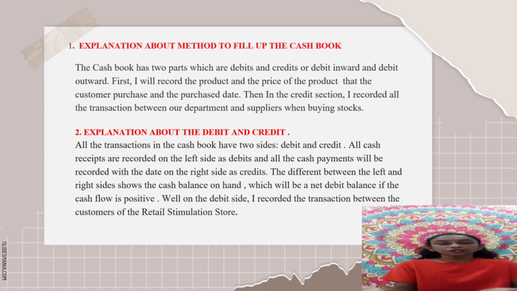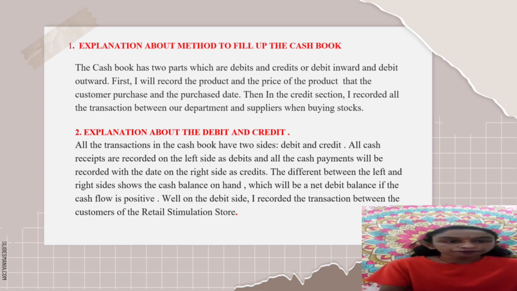The difference between the left and right side shows the cash balance on hand, which will be a net debit balance if the cash flow is positive. On the debit side, I recorded the transactions between the customer of the retail simulation and the stock.